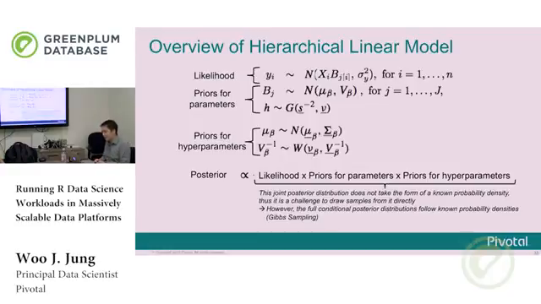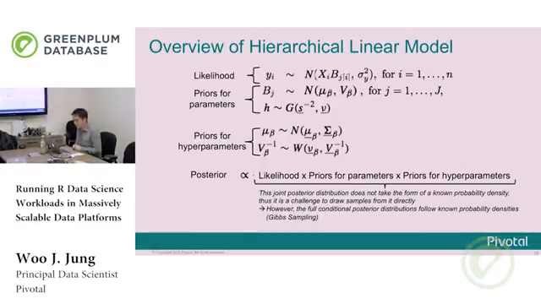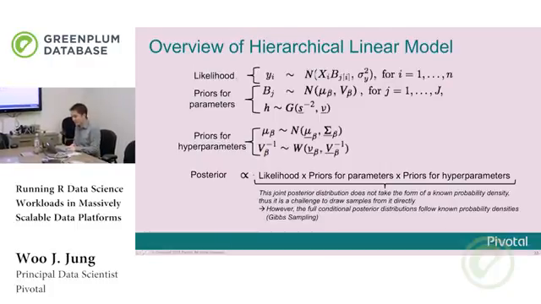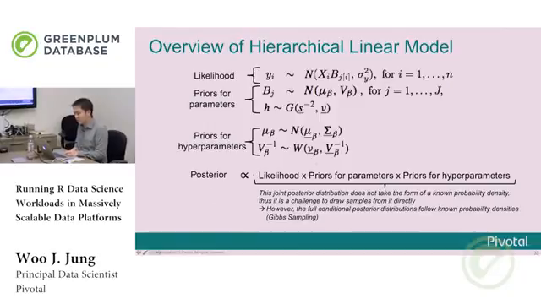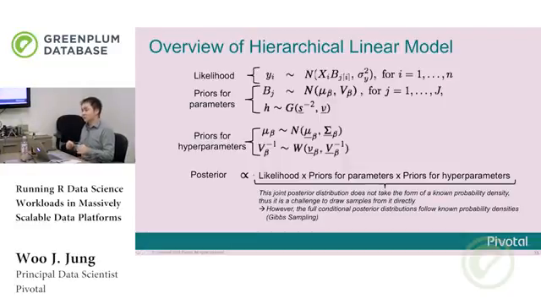distribution. And what you do in a Bayesian analysis is essentially get to a posterior distribution for your parameters of interest by assuming that your posterior distribution is proportional to the likelihood times the prior distributions of interest.